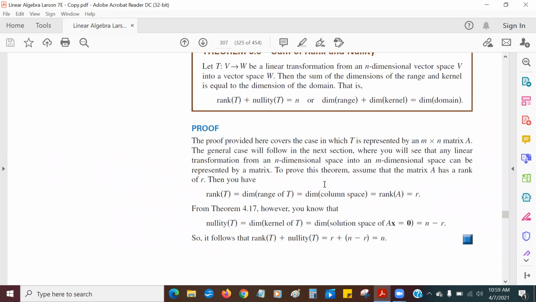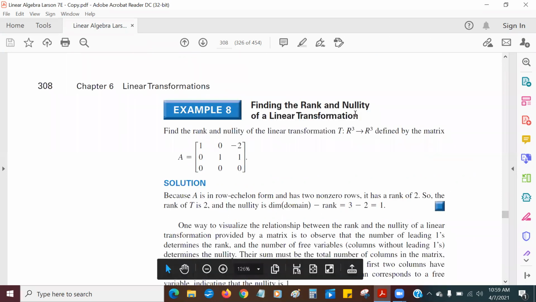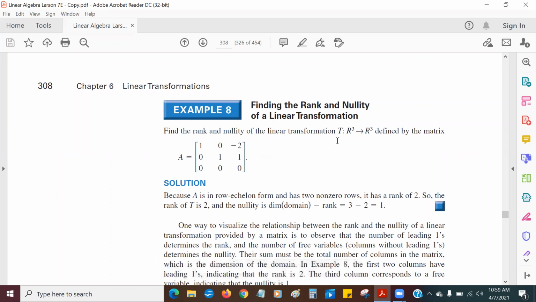Well, the proof is kind of what we just said. I'm not going to go through the whole proof because we kind of went through it already. So let's just look at the next thing. We want to find the rank and the nullity of the linear transformation from R3 to R3, which is defined by this matrix.